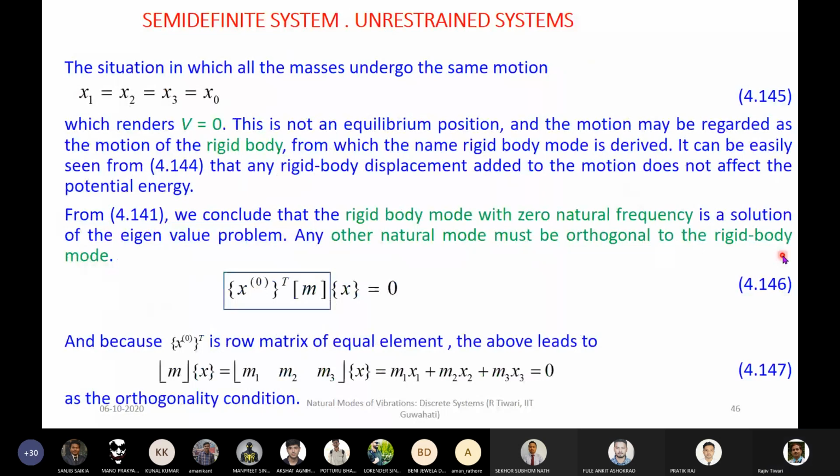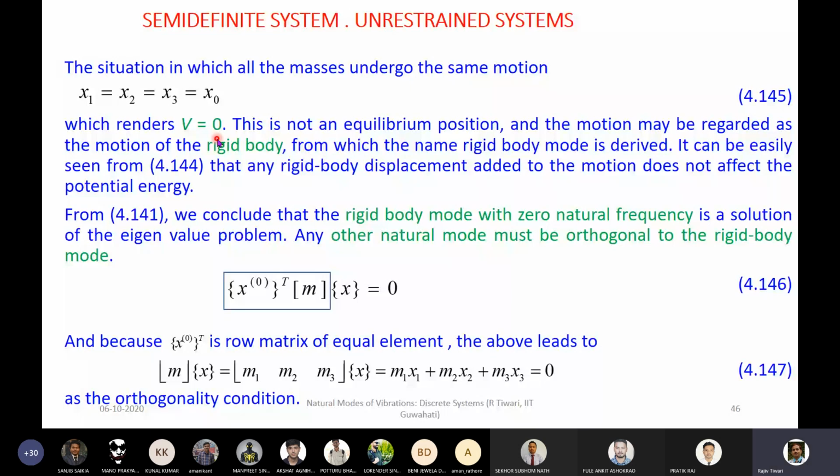This is the displacement which is making the potential energy 0. Even though the system is not in equilibrium, because we have given some displacement, the initial equilibrium position got disturbed, and still the potential energy is 0.